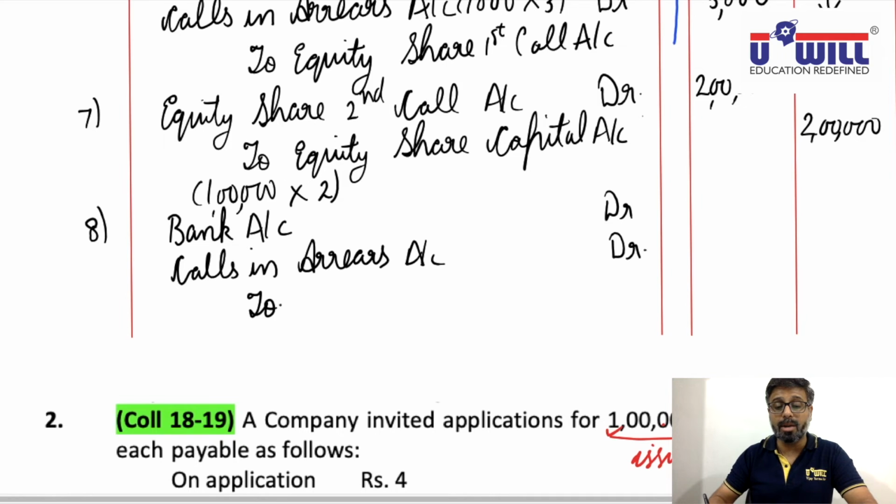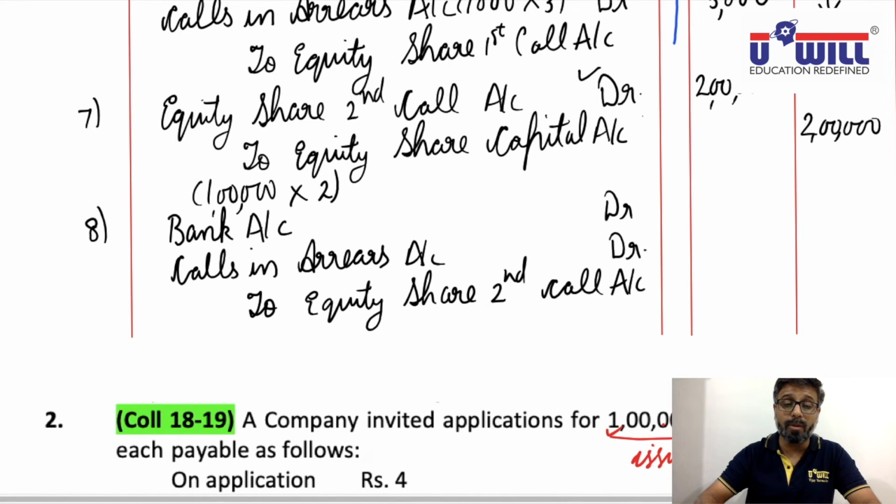And equity share second call, which we debited in this entry, to close it we reverse and credit to equity share second call account. Now what did I tell you the trick of recording the amounts? Go reverse. Means first you will credit this second call with the full amount of 2 lakh rupees.